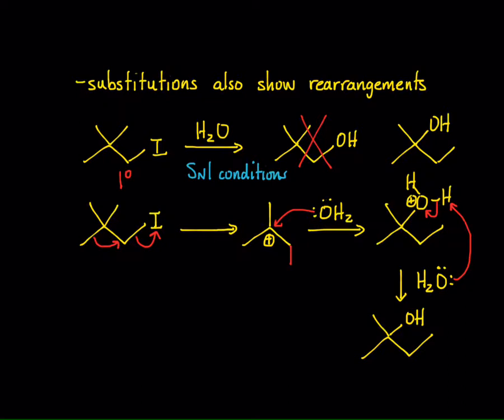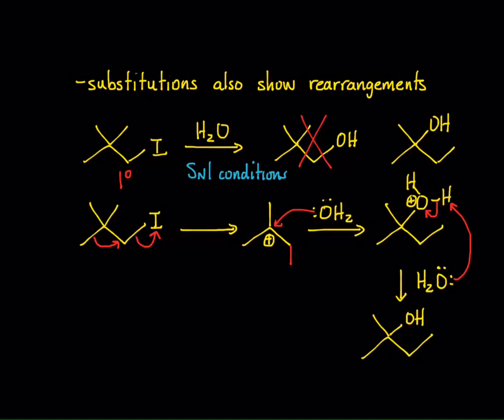So you need to be able to explain, if I gave you an example where there was a rearrangement, you need to think about the mechanism to form that rearranged product. So we've seen addition reactions forming a carbocation can undergo rearrangement.